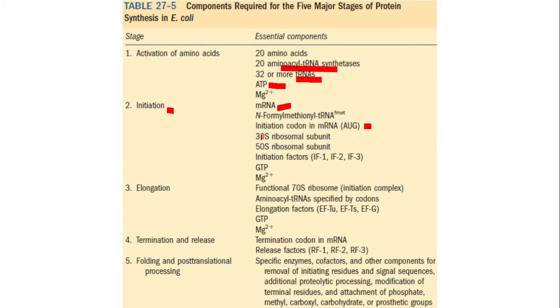What is meant by this S value? We will see in the next slides. And initiation factors are required, which are actually proteins, GTP and Mg2+ ions. Like that, in elongation, in termination, etc., we need different factors. All those factors are shown here.